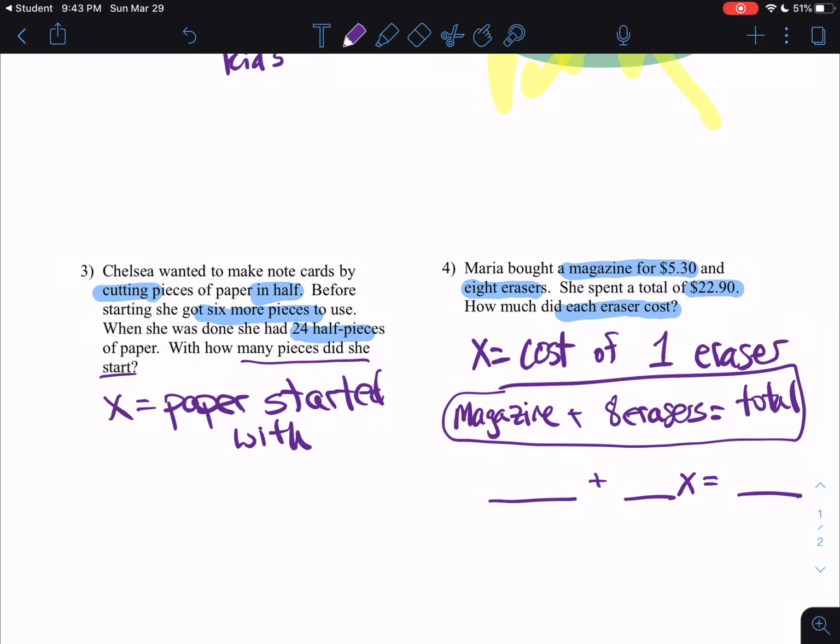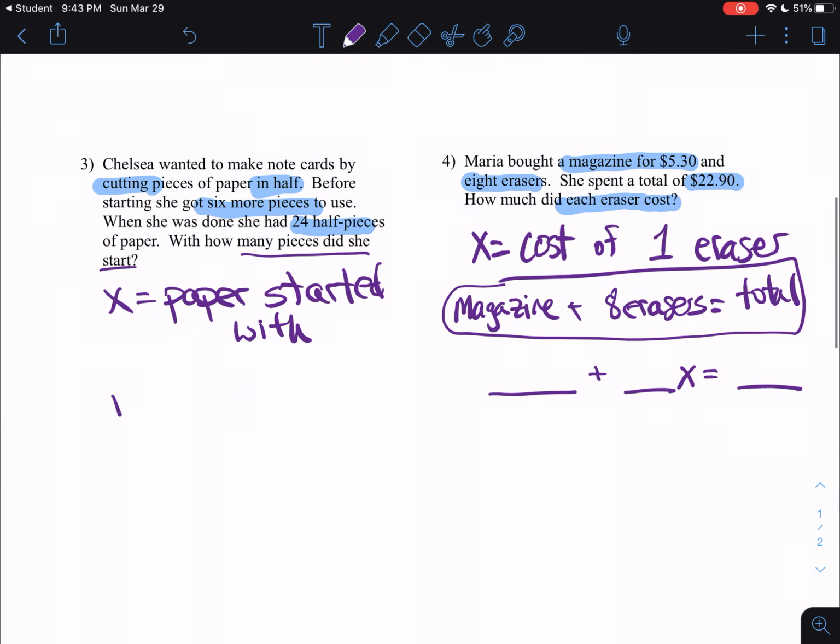Okay, so let's think about this. You had some paper, then you got 6 more pieces, right? Then you broke it all in half. So what you're essentially doing is taking, like, your 10 pieces of paper and doubling that paper, right?